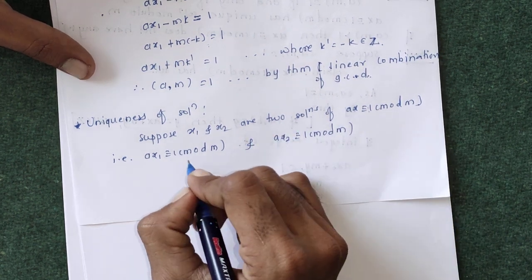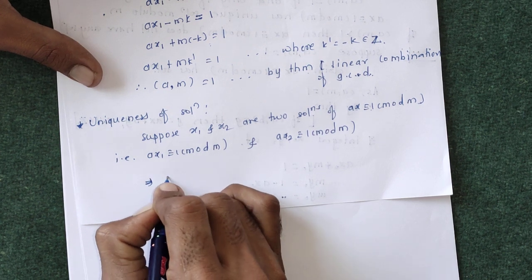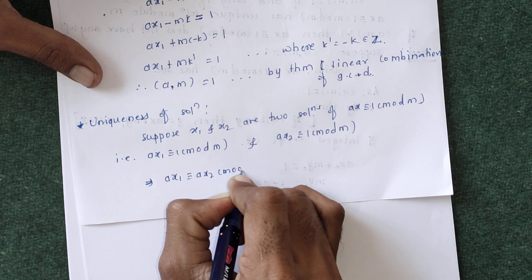So ax1 is congruent to 1 modulo m, ax2 is congruent to 1 modulo m. From this we can write ax1 is congruent to ax2 modulo m.